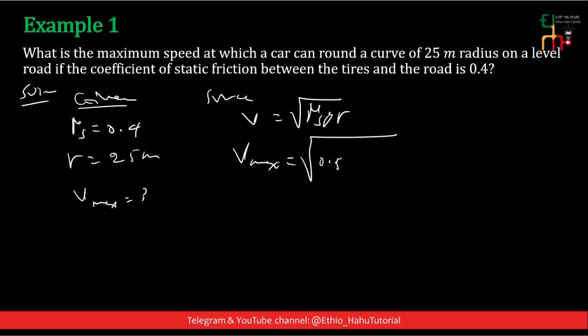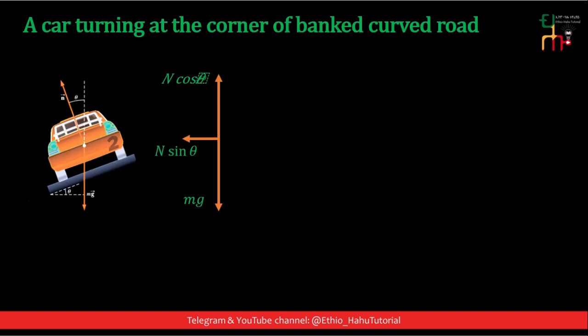Therefore, 0.4 times g, which is 10, times r, which is 25. This is equal to 10 meter per second. This is the maximum speed. If the speed exceeds this value, the sideway friction force cannot prevent the car from skidding sideways. In that case, roads should be banked.